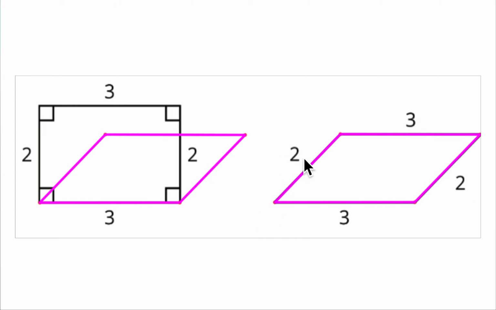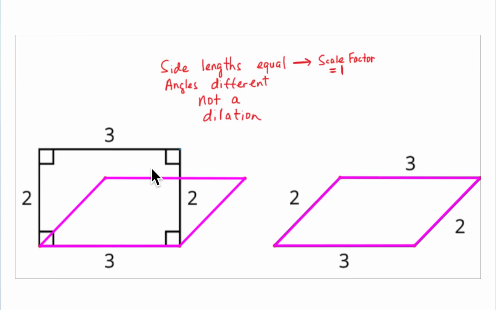So if you take this parallelogram, slide it over here, line up the vertex, and use this as the center of dilation, you cannot take an angle from this parallelogram and dilate it to this same angle in this rectangle. It just won't work. So side lengths equal, scale factor is equal to 1. So 3 times 1 is 3, 2 times 1 is 2. You could say it's the same scale factor, but the angles are different.